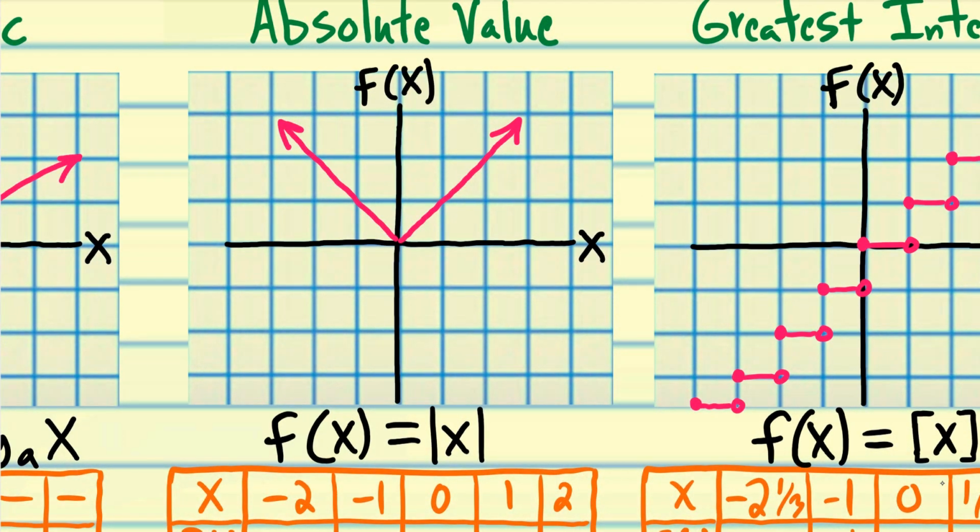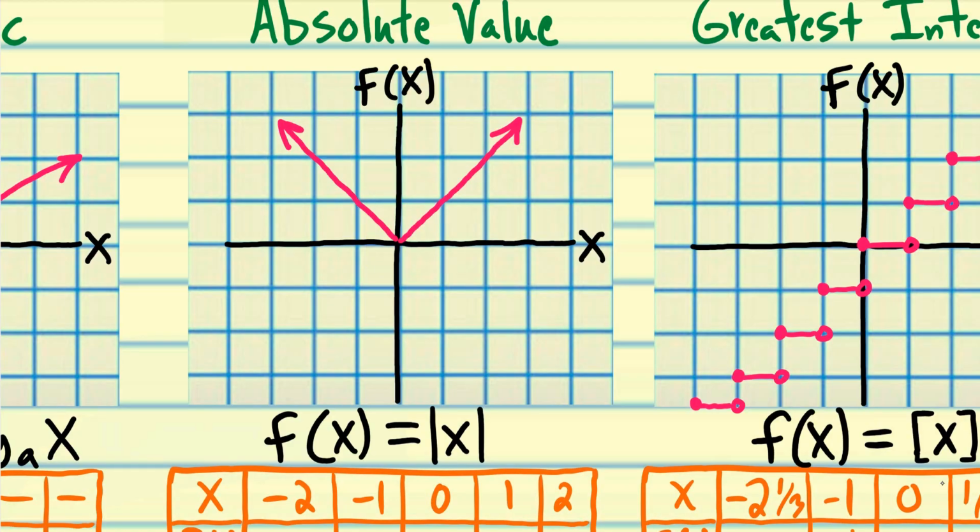We can see just by looking at the graph that these points have x values that get bigger and bigger and bigger, or smaller and smaller and smaller. 0 is an x value of a point here, so you can see that x can be anything.